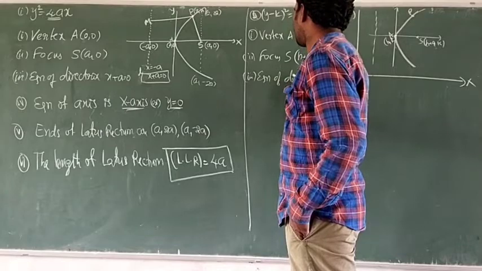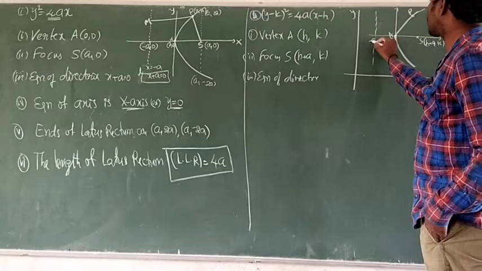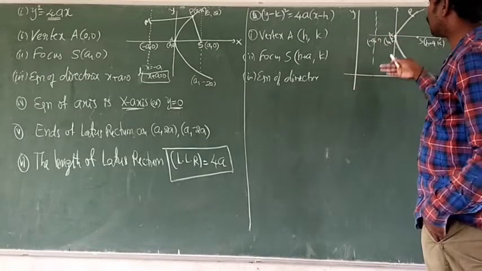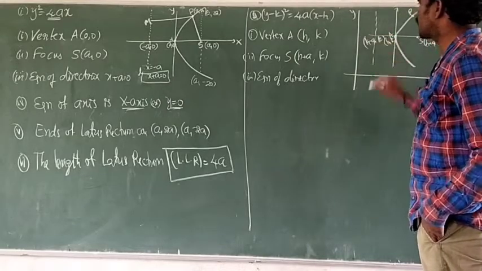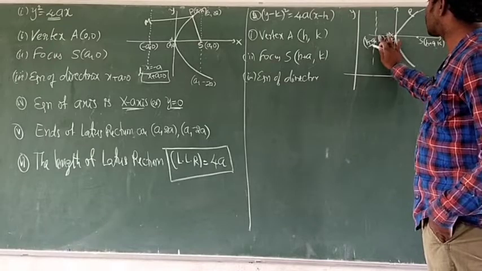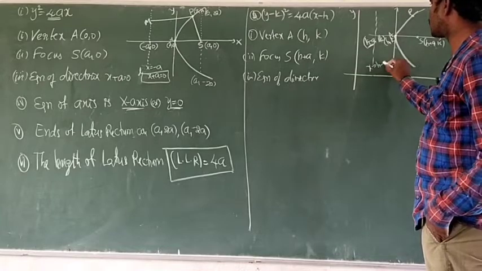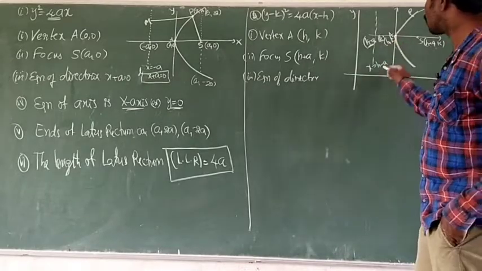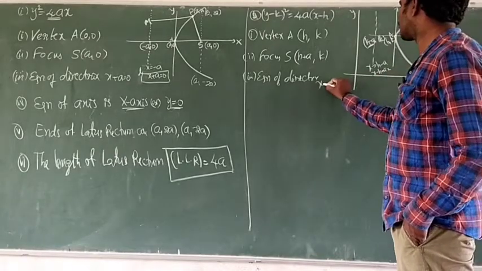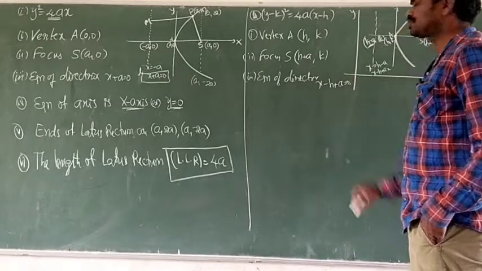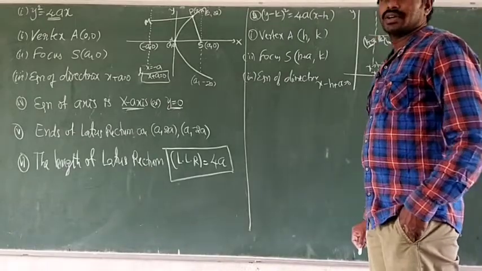Next, third one, equation of directrix. Actually this is minus a, 0 to start. Whenever (h, k) is entered, it becomes h minus a, k. So here the x value becomes x equals h minus a. This is the directrix line. Bringing the left side, x minus h plus a equals 0. Completed.